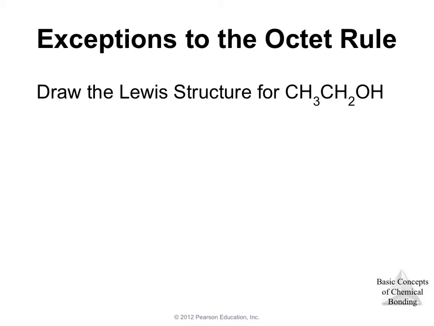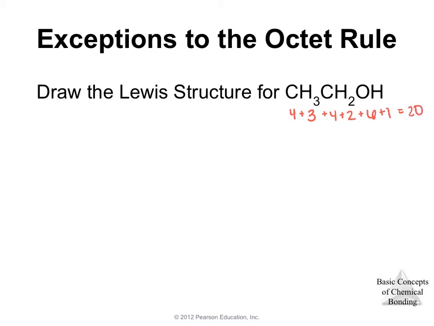Okay, so let's draw the Lewis structure. I already did, but let's put the electrons in. First step is to count up the total valence electrons. So we've got 4 plus 3 plus 4 plus 2 plus 6 plus 1. So 20 total.